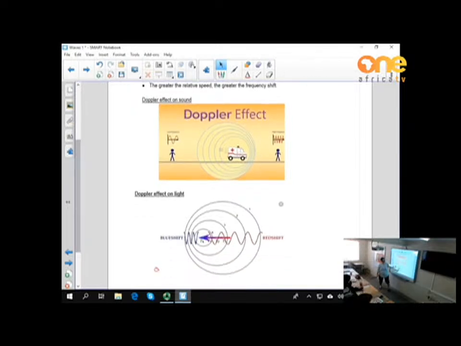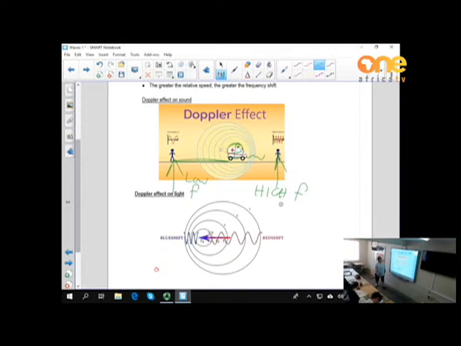If you are standing on the one side and the moving vehicle is approaching you over here, you will hear a high frequency sound, all right, a high pitch. And if the person is standing over here, this one will hear a low frequency sound, although it is the same sound that was produced.